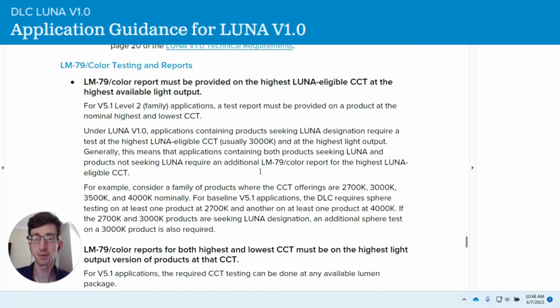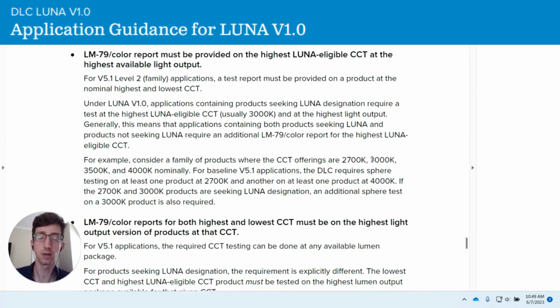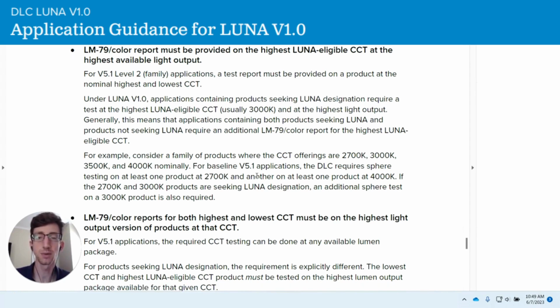So specifically, if you do have a family of products where some are qualifying for Luna and some are not qualifying for Luna, and this is commonly due to CCT offerings that go beyond the Luna eligible CCTs, which max out at 3000K. For 5.1, you would need your testing to be done at 2700K, which is your minimum CCT option, and then one at 4000K for your maximum.